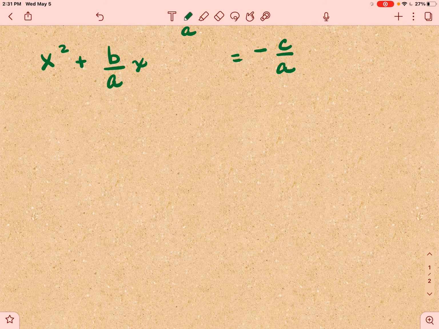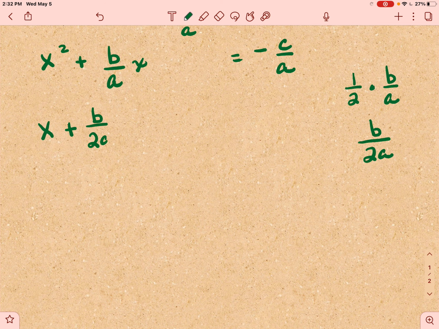All right, the next thing we need to do is to get 1/2 of b over a. That would equal b over 2a. And so I'm going to try to do this so that I can factor this into x plus b over 2a, squared. But in order to do that, I need to add something to both sides.